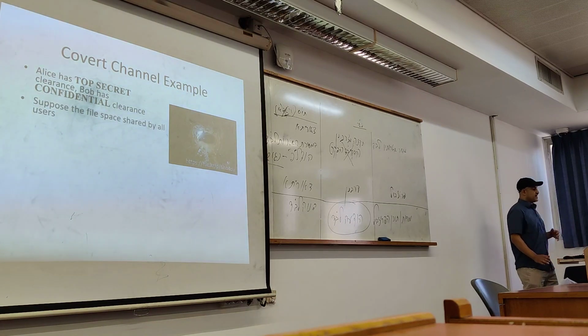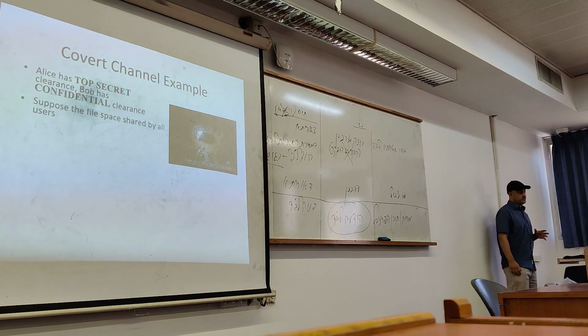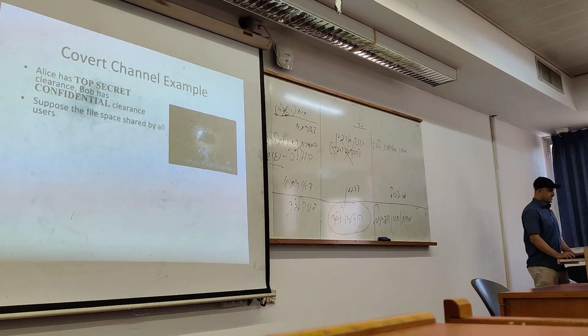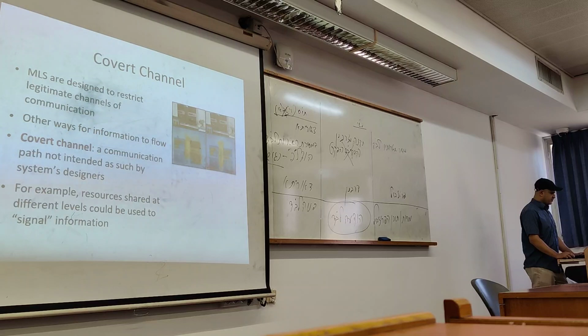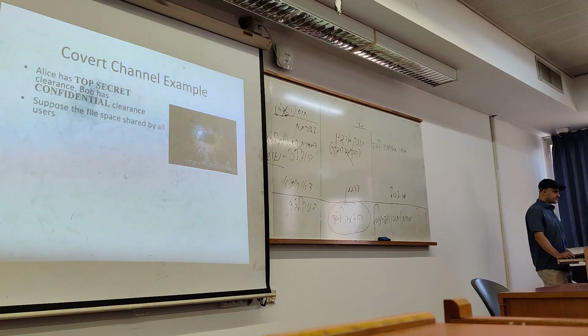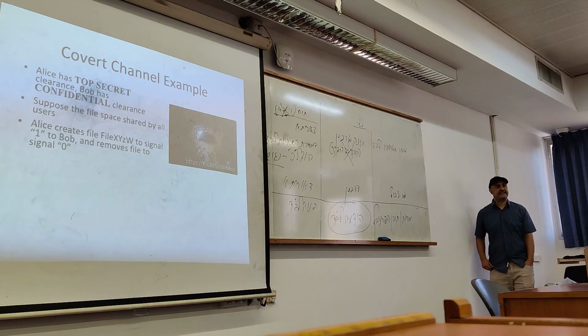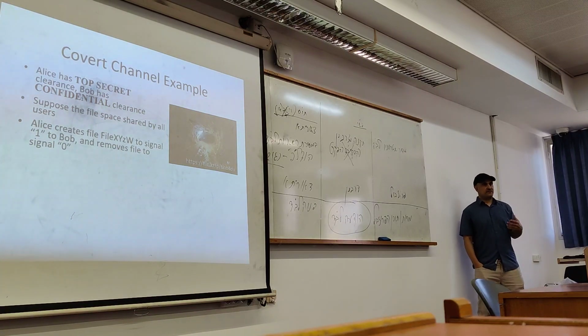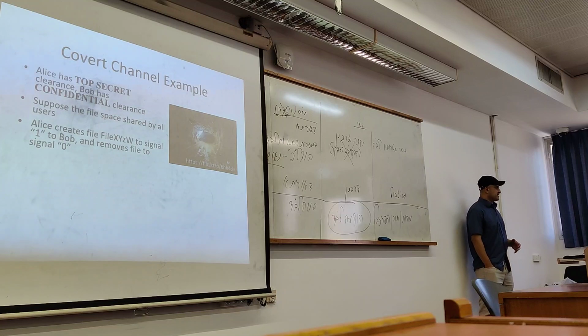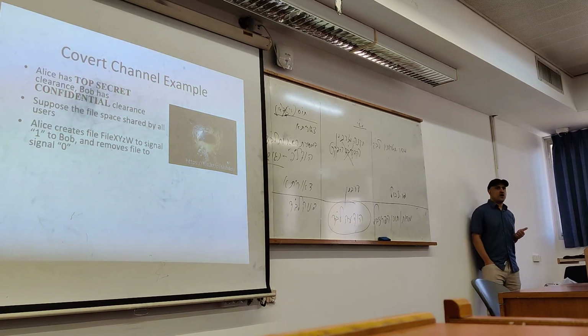Suppose the file space is shared by all users. As I mentioned before, there is some shared resource. Alice creates a file with a specific name, and if she puts the file inside this folder, it means a bit of 1.